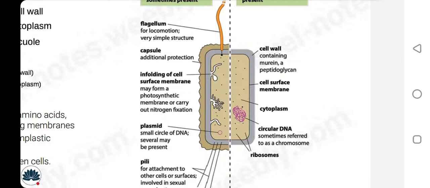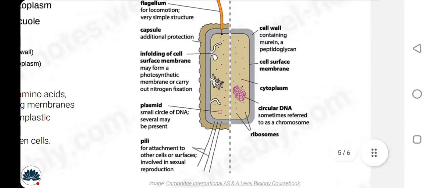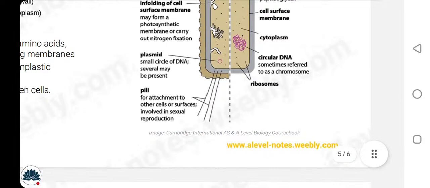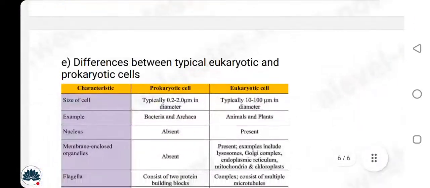Capsule gives additional protection. Enfolding of the cell surface membrane may form a photosynthetic membrane or carry out nitrogen fixation. Plasmid is a small circle of DNA, and several may be present. Pili are for attachment to other cells or surfaces and are involved in sexual reproduction.